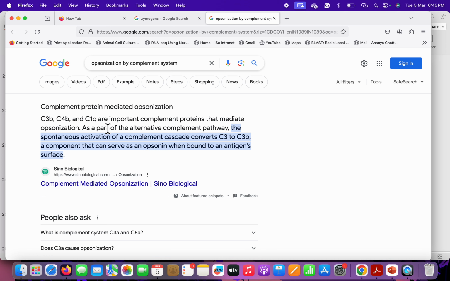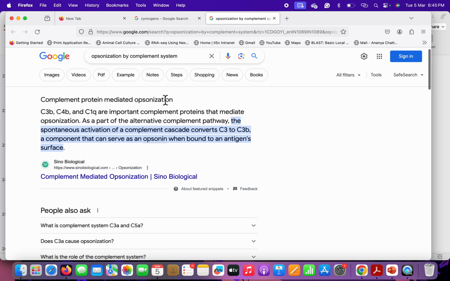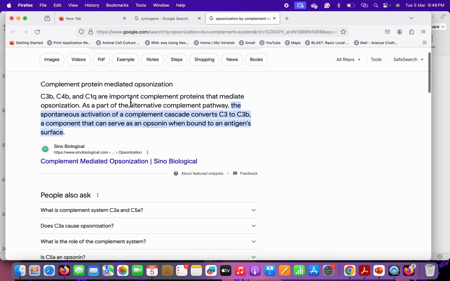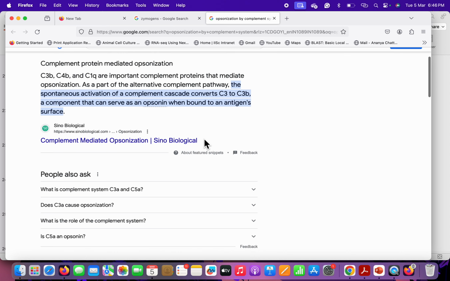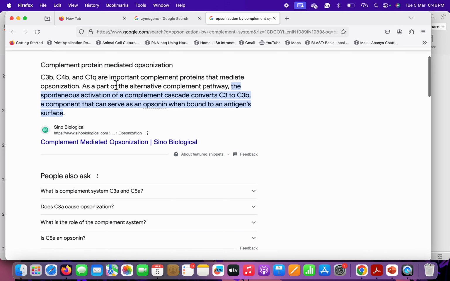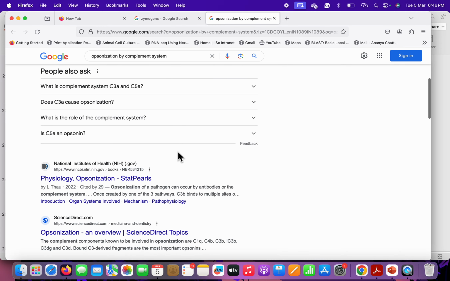I will talk about it, but complement protein mediated opsonization, if you go into details, involves different factors and a cascade. We'll talk about it later, because I have not introduced C3b, C4b yet.